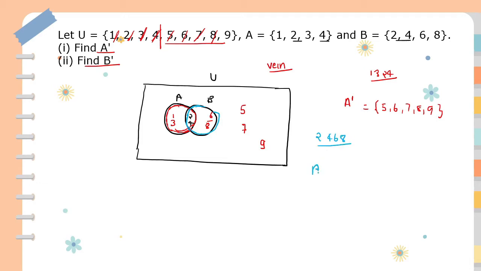So b complement will give 1 3 5 7 and 9. We can also conclude from here. So this was a very basic example of how we can find a complement and b complement. So we are done with the first question.